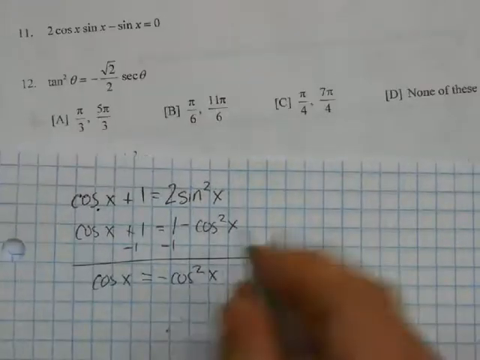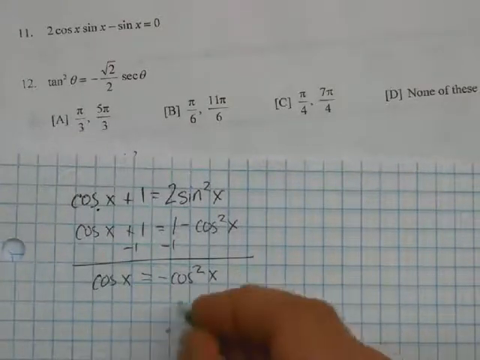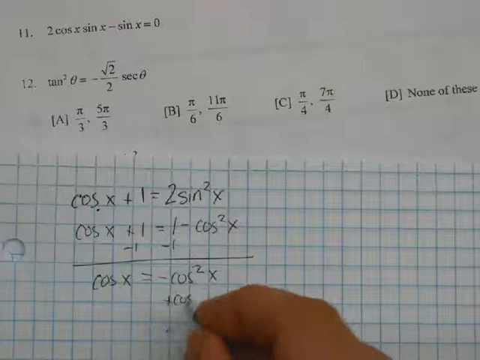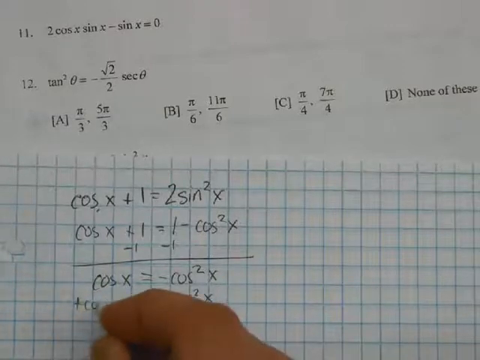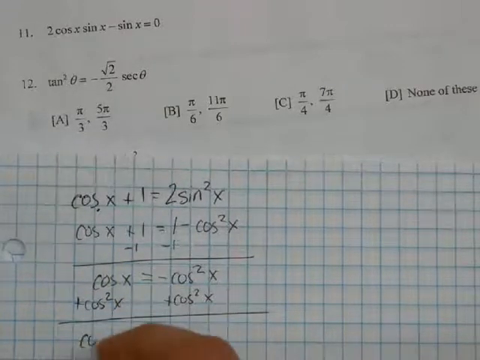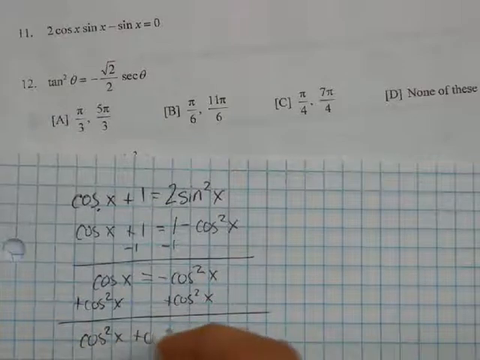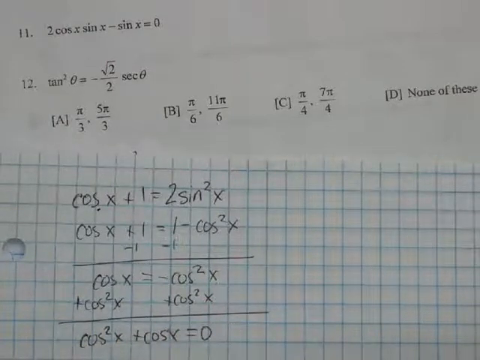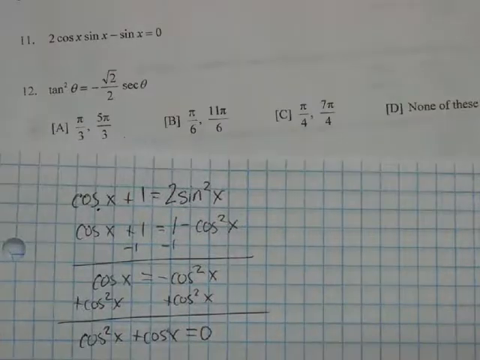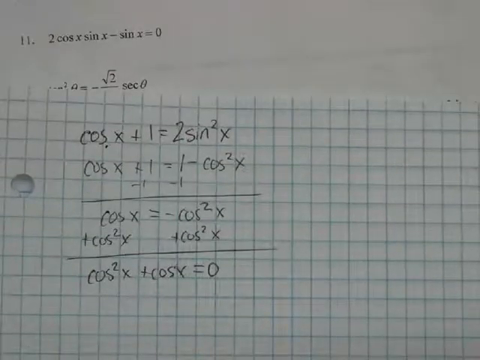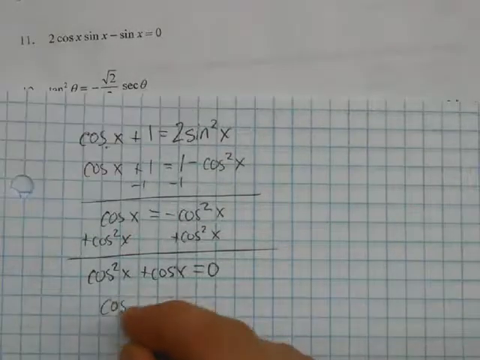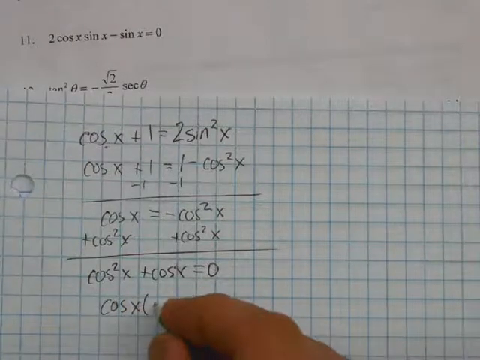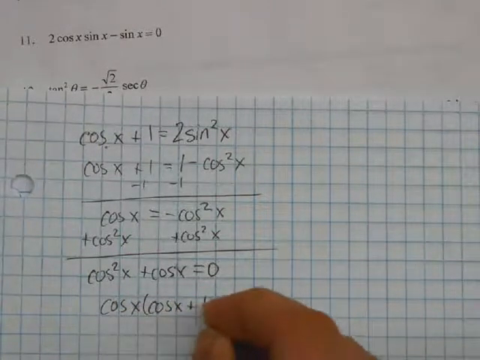Then I'm going to add cosine squared x to both sides. I get cosine squared x plus cosine x equals 0. So I can factor out cosine x, and I get cosine x plus 1.